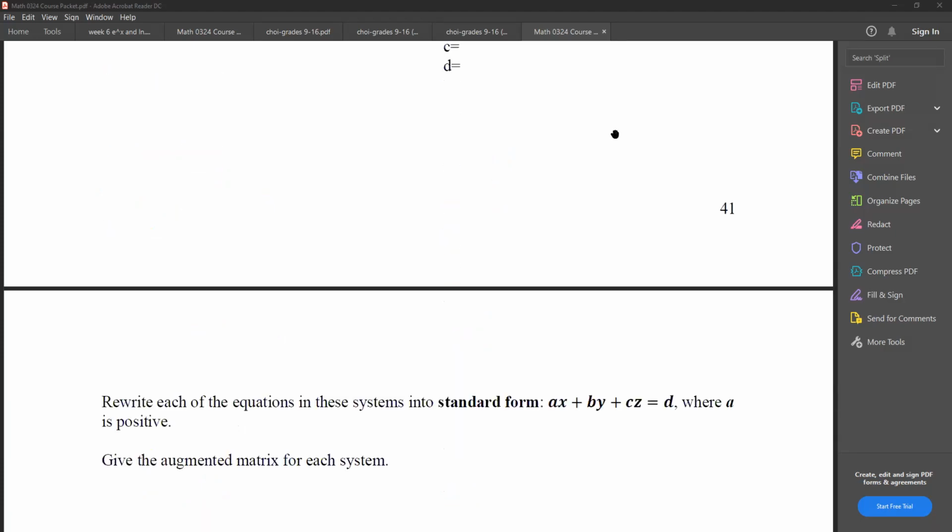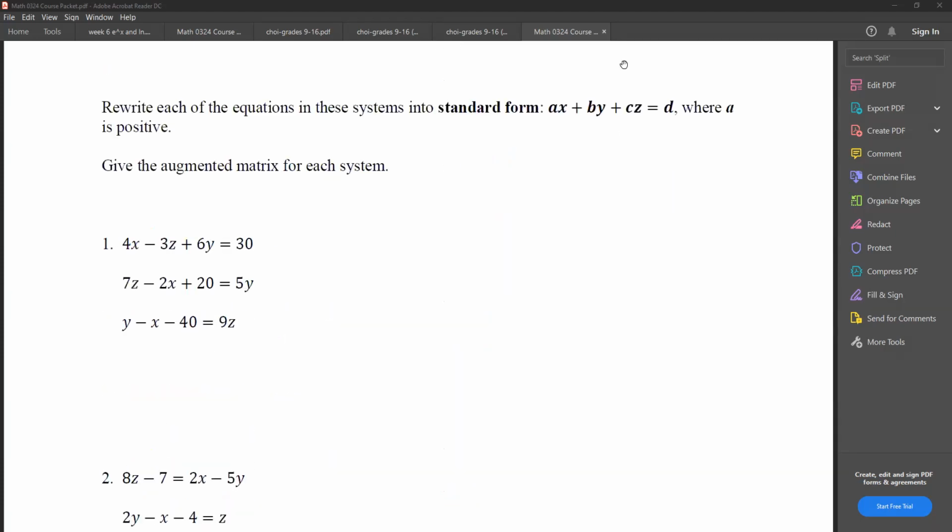Okay. So now what we're going to do is take some equations that may not be in order. We're going to put them in order, and then we're going to set up an augmented matrix. All right, so the first equation, x and y and z are out of order, so I'm just going to mix them around.